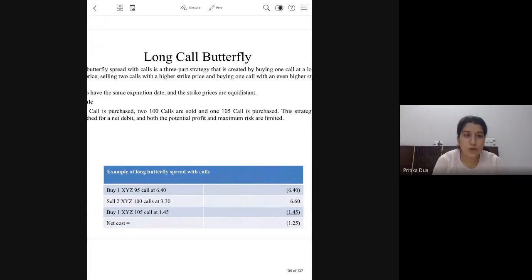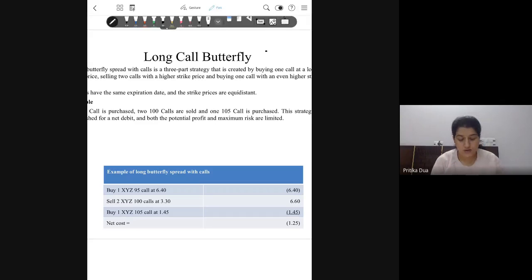You have sold 2 100 calls at 3.30 and you have bought a 105 call at 1.45. When you adjust the premium paid and premium received, the net cost is coming to 1.25.